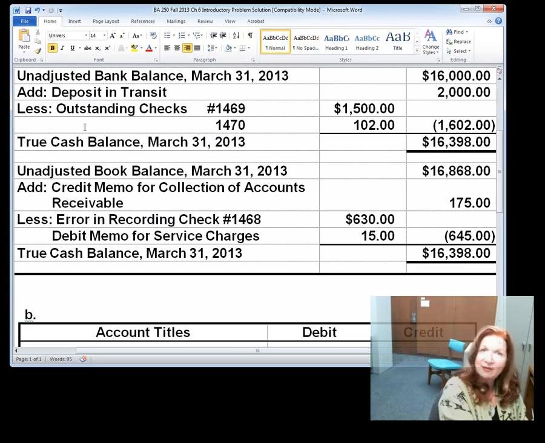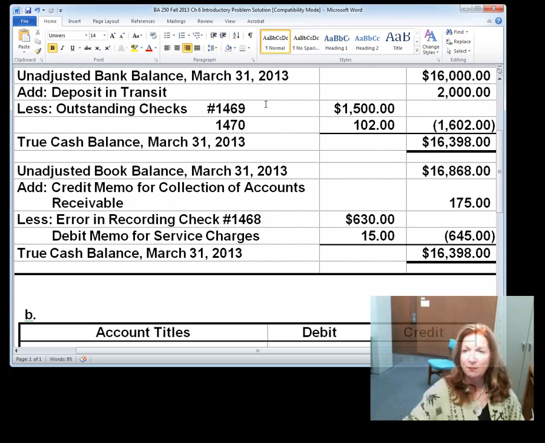But when we look at the general ledger cash account, check number 1469 and 1470 had both been written. So they were both outstanding checks, and they're going to come right over here into this outstanding checks, the two numbers and the two amounts, $1,500 and $102 for a subtraction.